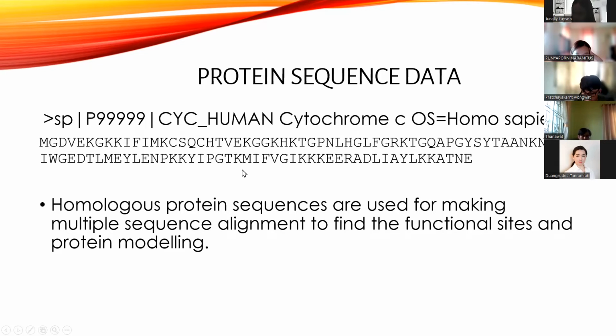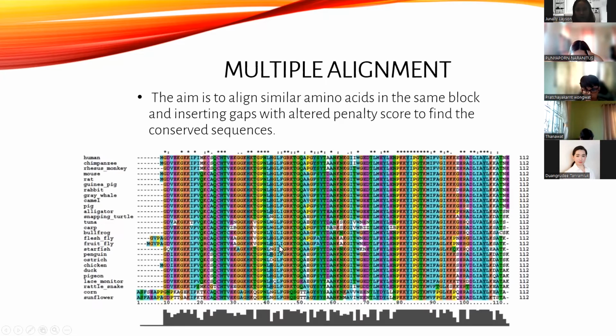So the homologous protein sequences are used for making multiple sequence alignment to find the functional sites or for protein modeling. This is an example of multiple alignments. The aim is to align similar amino acids in the same block, like this, in the same colors, like leucine. So they align the amino acids with the same properties in the same blocks.